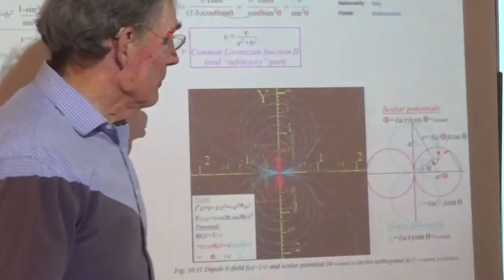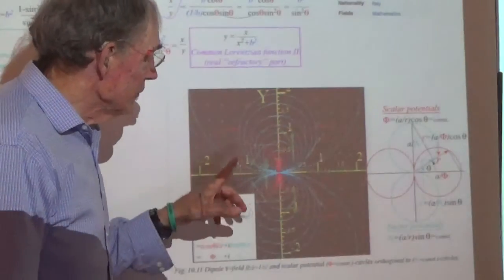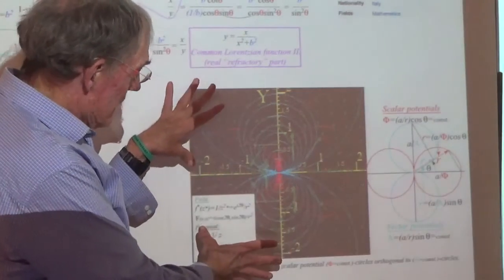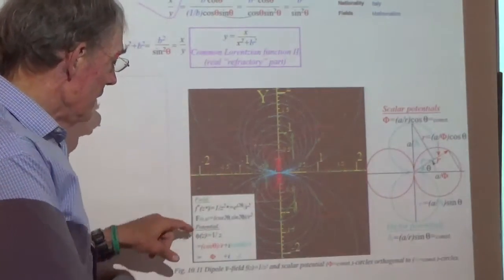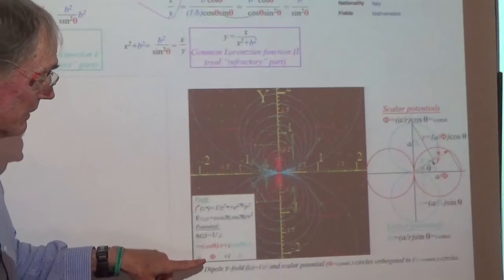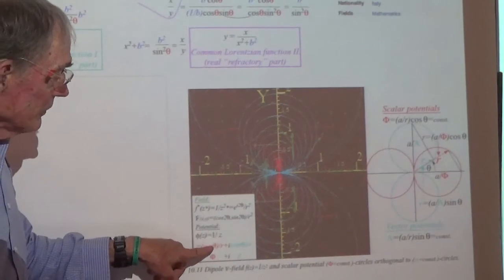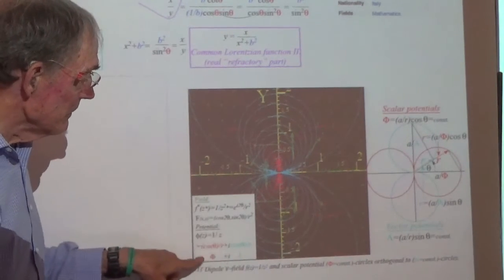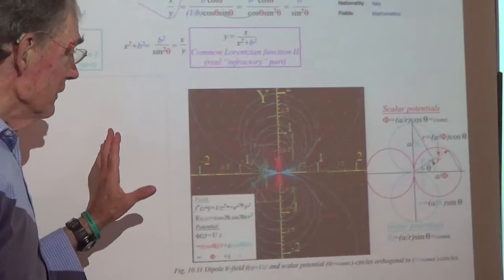So that is what you see if you look carefully at this plot that we did, where we had the potential function 1 over z. Remember that guy? That you could write as cosine theta divided by r plus i sine theta divided by r. Real simple little function. That's what we've got here.